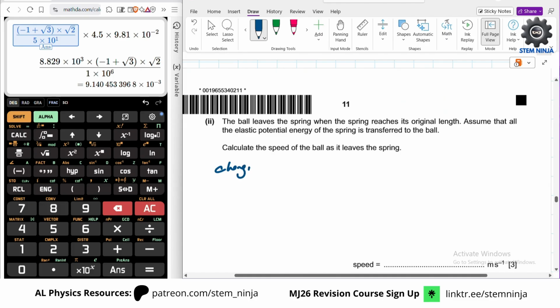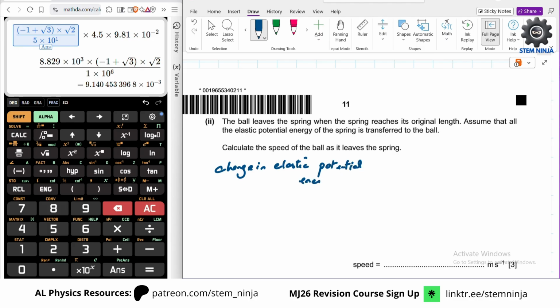So change in elastic potential energy equals change in gravitational potential energy plus change in kinetic energy.